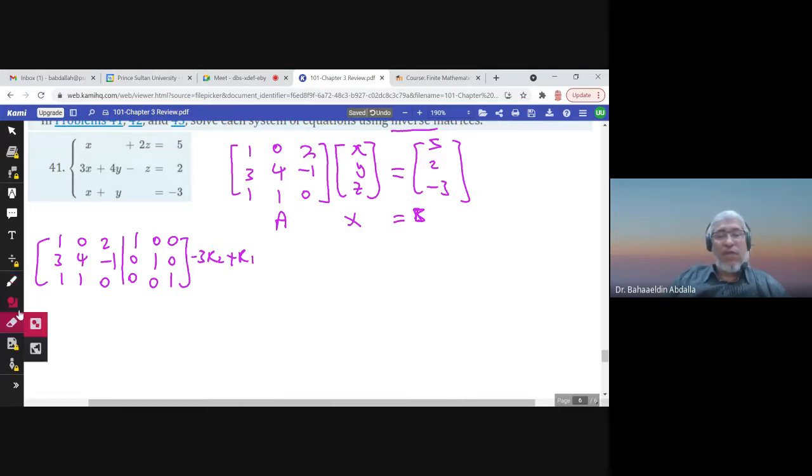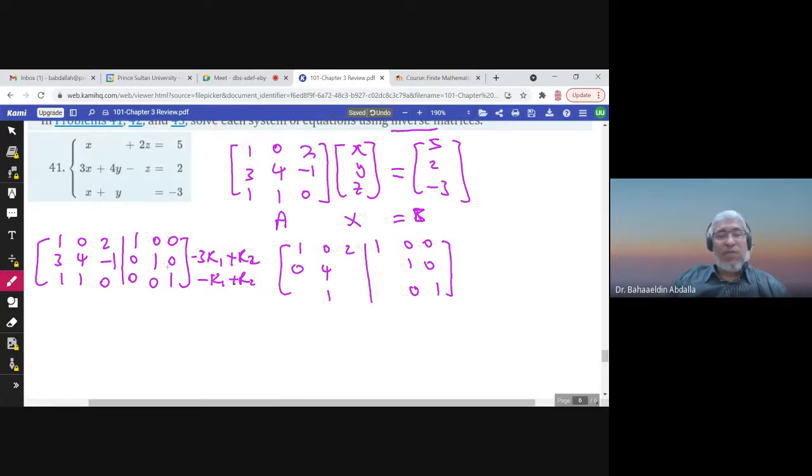This is -3 R1 plus R2. To make the -3 0, and negative R1 plus R2 also should be 0. So the first row is not changing. And we have zeros here, so I'll still have 1 0 and 0 1 here. And this is 0, so this will remain 0 4.